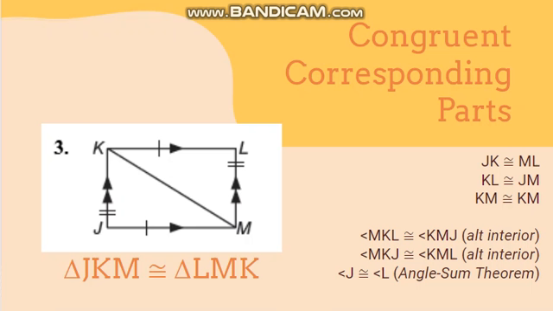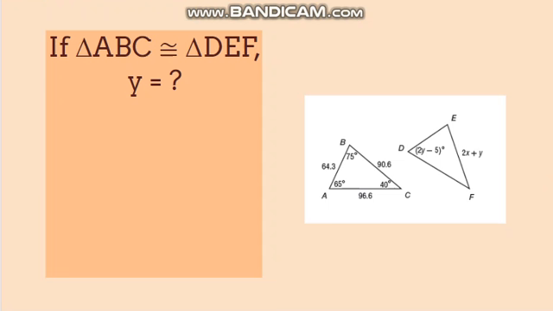Okay, so down at the bottom, we're going to use the fact that we know that triangles ABC and DEF are congruent to each other to solve for y and x. So we're going to solve for y first. We know that A and D are corresponding angles.